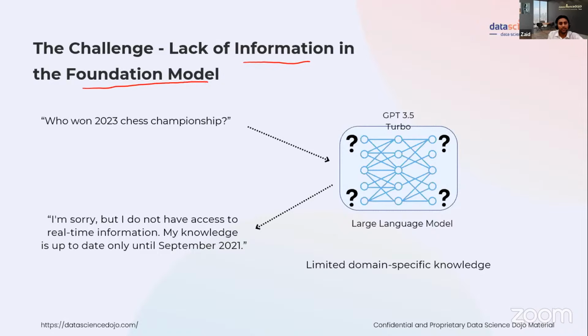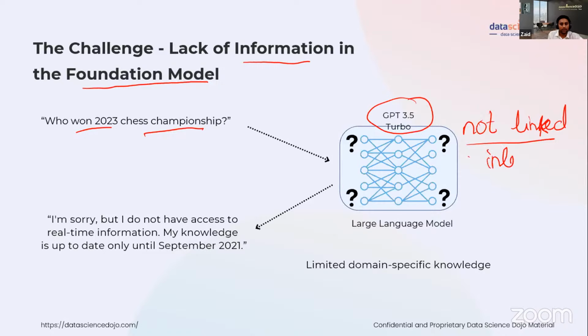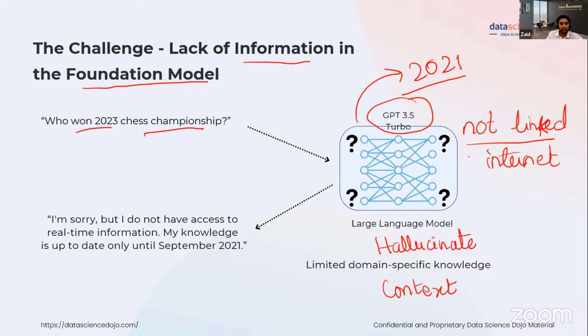If you go and ask ChatGPT who won the 2023 chess championship, and it is not linked to the internet, or you are using a free version that is not connected, then it will hallucinate. It only hallucinates because it does not know the context. The context is not set for 2023 because ChatGPT was trained on a 2021 data set.